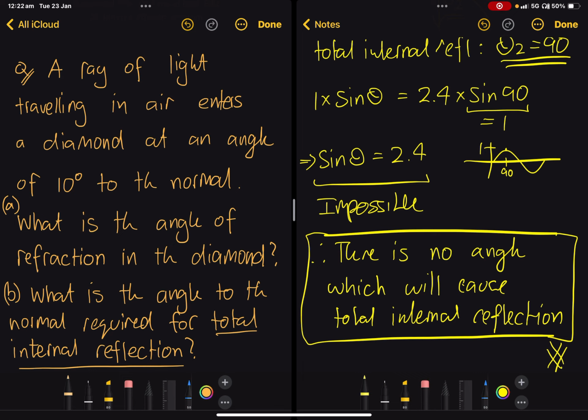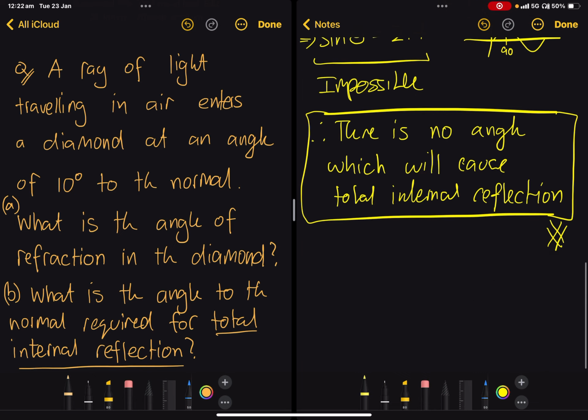In subjects like chemistry and physics, if you get a question like this, the teacher wants you to think about the physics, not just the calculation. They want you to do the calculation, see it fail, and then think: is this possible? Does the fact that the calculation has failed mean that this is not possible? And in this case it does.